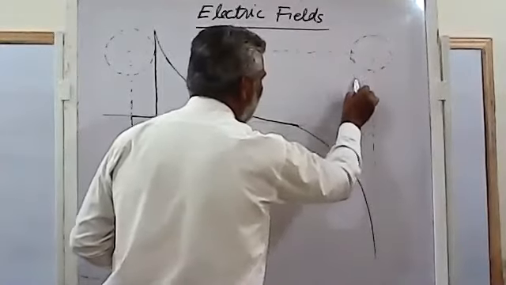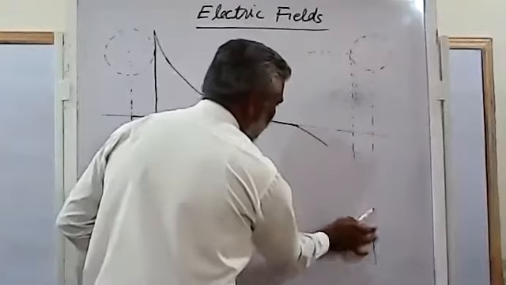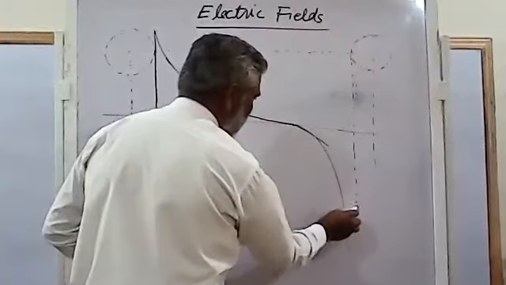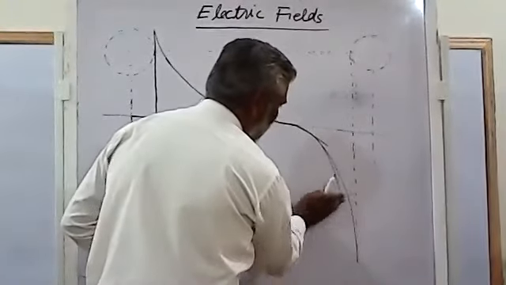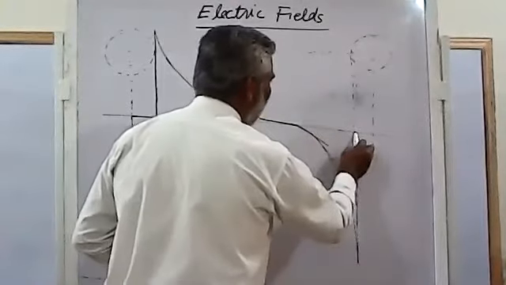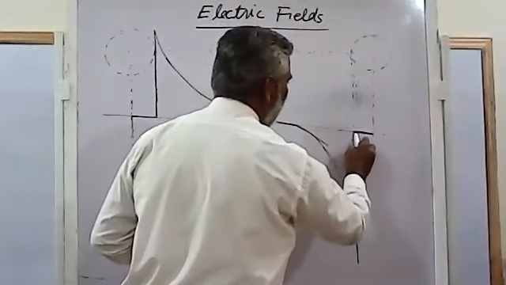And it is this point where it should have a large value. In fact, this should be like this. So a very large field is expected here, and then if you continue inside this sphere, the field again is 0.